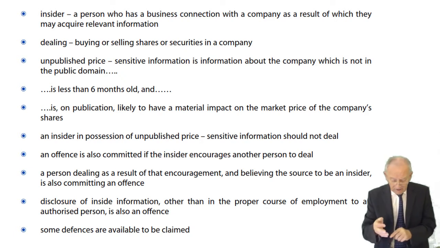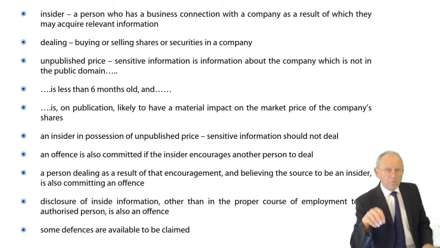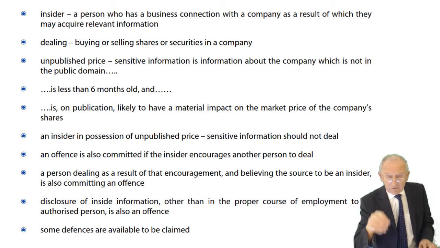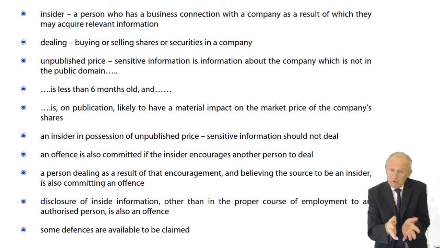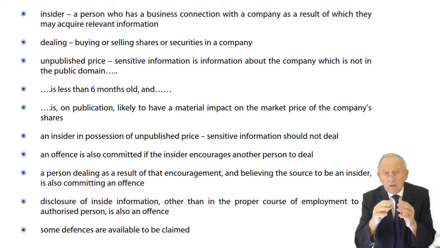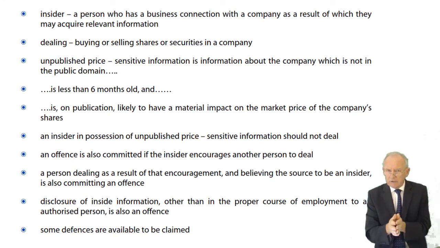So we've got an insider and we've dealt with dealing, but now we've got this expression, unpublished price-sensitive information. And this is the sensitive information that I've mentioned a couple of times just in the last 5 minutes. The sensitive information has to be unpublished price-sensitive information, and it relates to our company. It's unpublished, that is, it's not in the public domain.